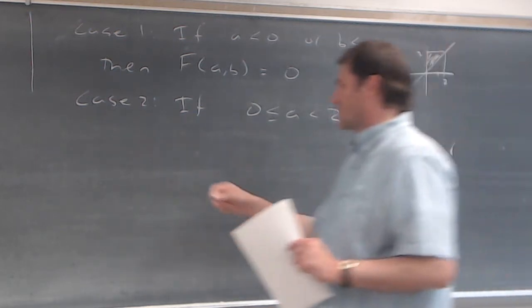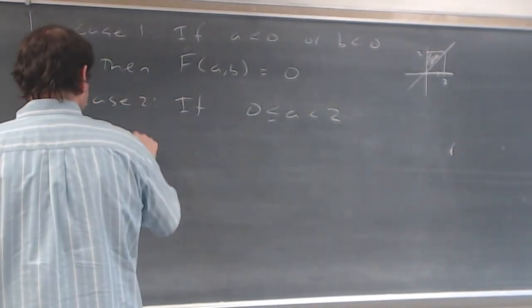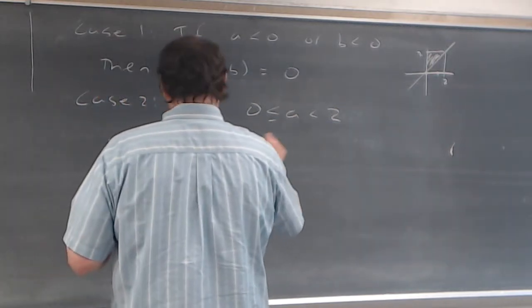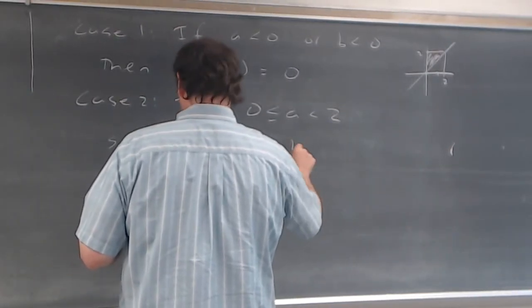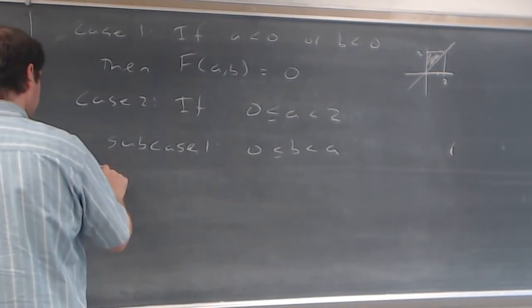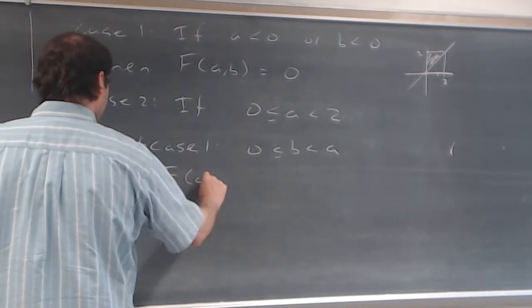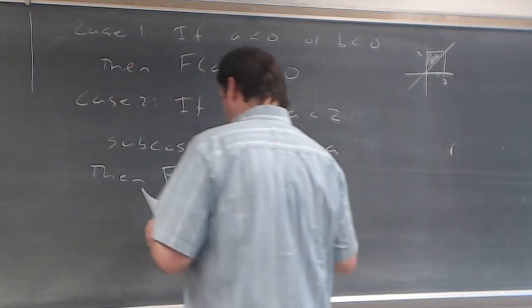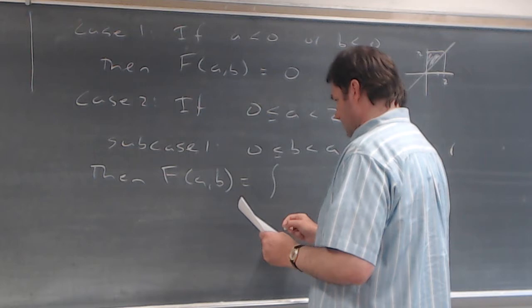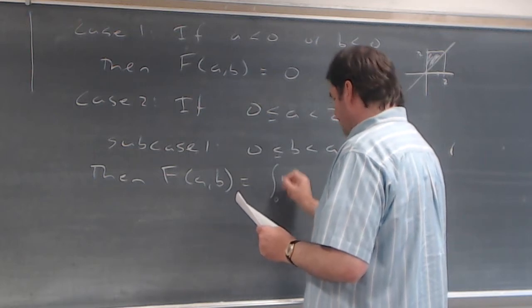Well, we're going to break it up into subcases. The first subcase is 0 is less than or equal to b is less than a. In this subcase, F of a b will be equal to the integral, because of the definition of the CDF, from 0 to b.